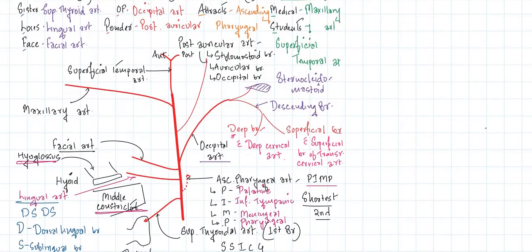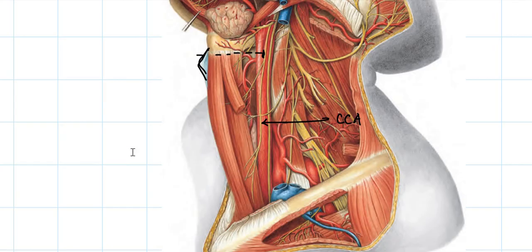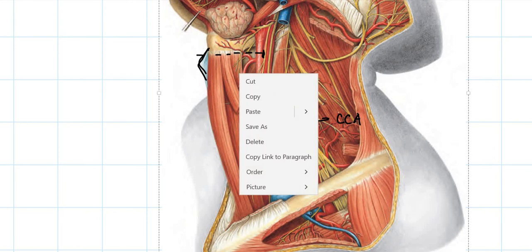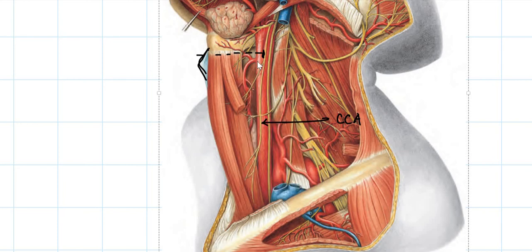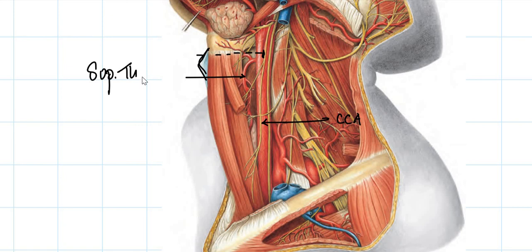Now finally, let me show you an image. Here you can see the first branch of the external carotid artery, and that first branch is the superior thyroidal artery. It's going to the superior pole of the thyroid gland.